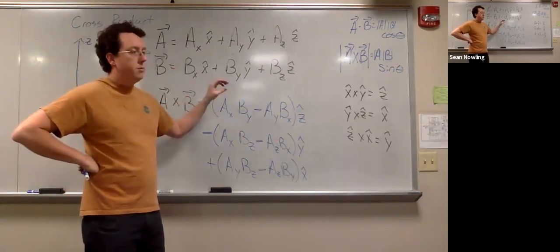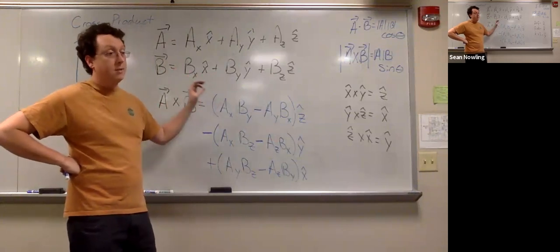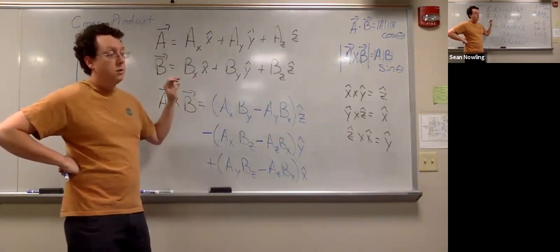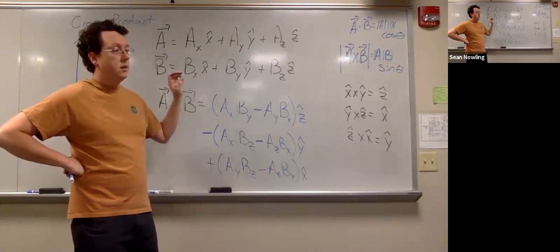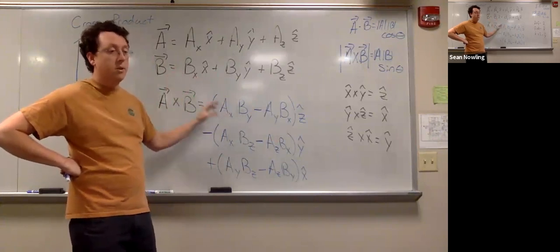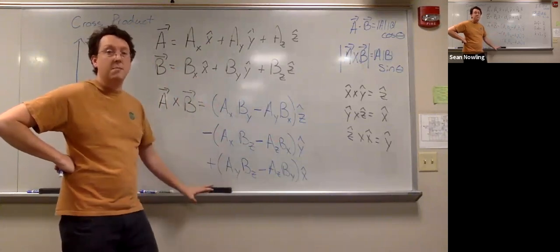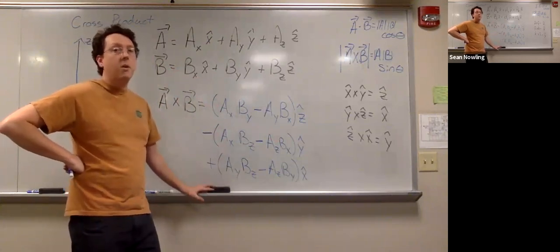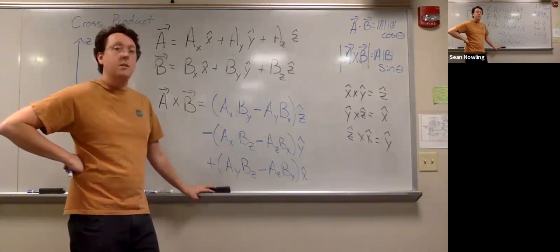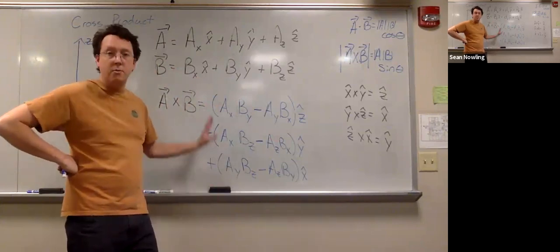In linear algebra, statics, dynamics, physics 2, strength of materials, calculus 3, differential equations, you use these concepts. They may all emphasize different aspects of it, but this is the real deal. This is the full formula.